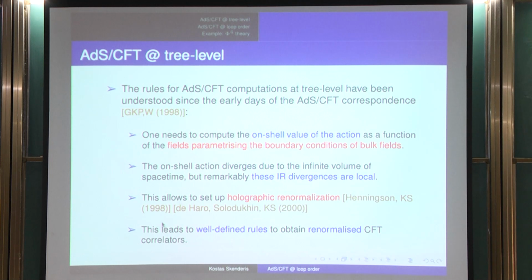And precisely because these divergences are local, one could follow the ideas that were developed in quantum field theory over the last 70 years and set up a way to renormalize those in a consistent fashion. And this is called holographic renormalization.